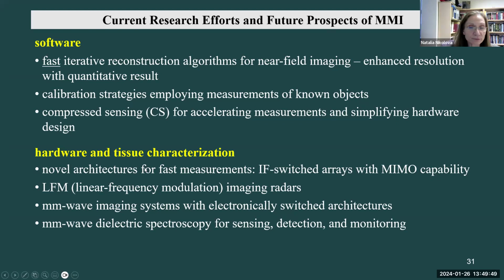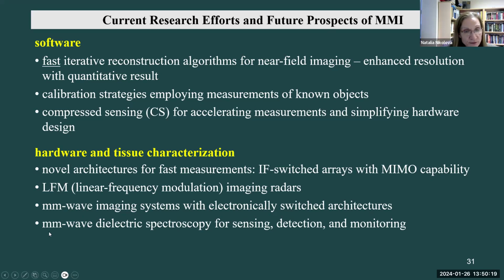However, linear frequency modulation radars are very promising in terms of providing the best spatial resolution in depth, in particular, for the given frequency bandwidth. And then finally, as I said, electronically switched architectures and arrays are critical, both in millimeter wave and microwave regimes.